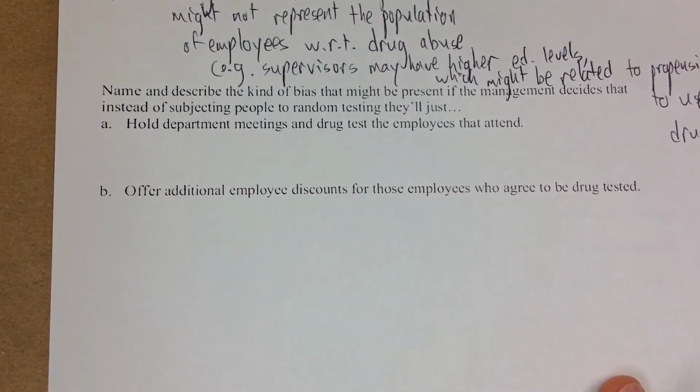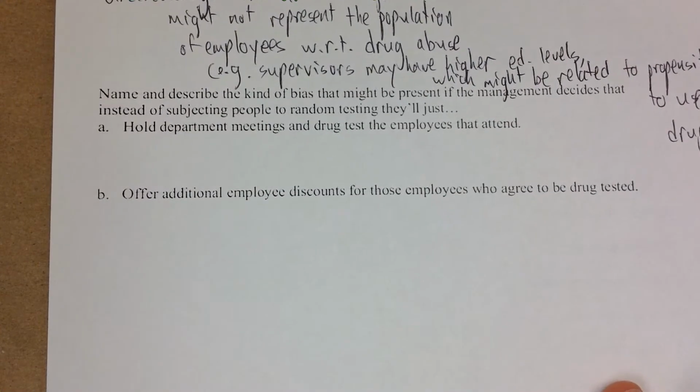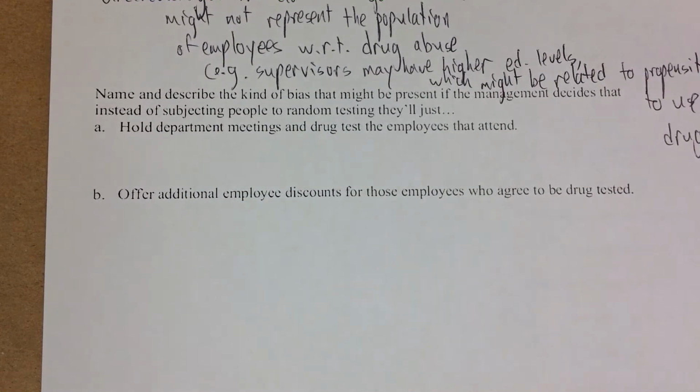Okay, moving on. Name and describe the kind of bias that might be present if the management decides that instead of subjecting people to random testing, they'll just hold department meetings and drug test the employees that attend. So we'll start there. Elizabeth, what do you think might be wrong with that method?